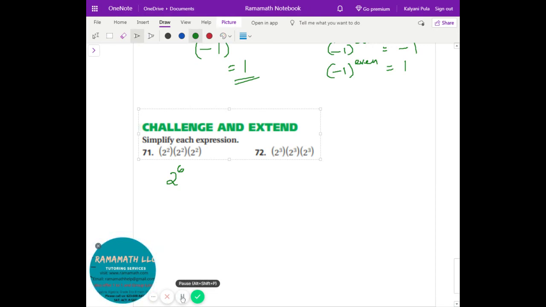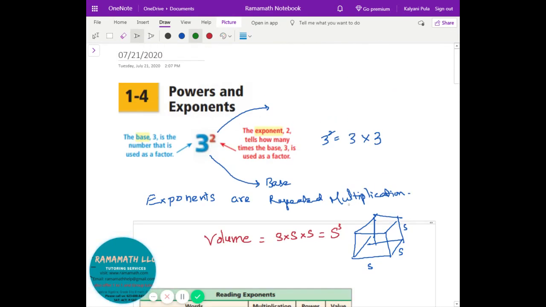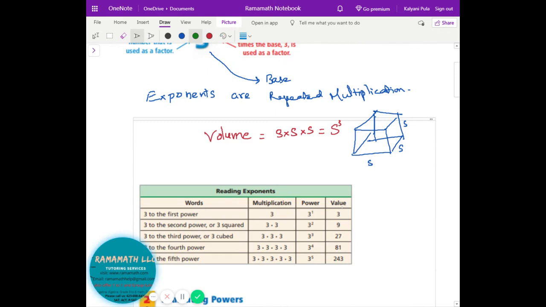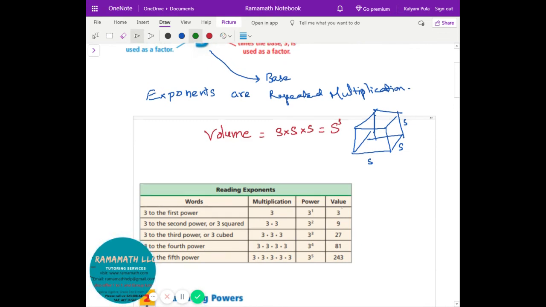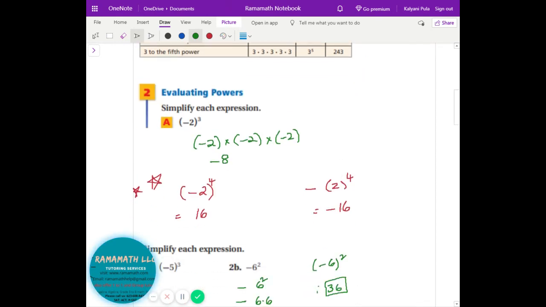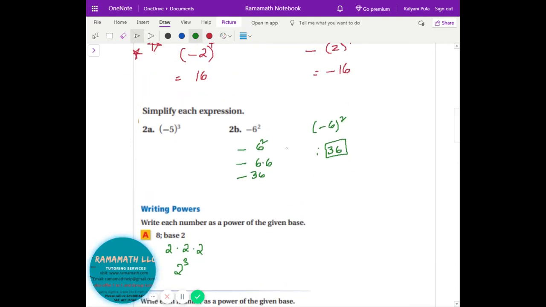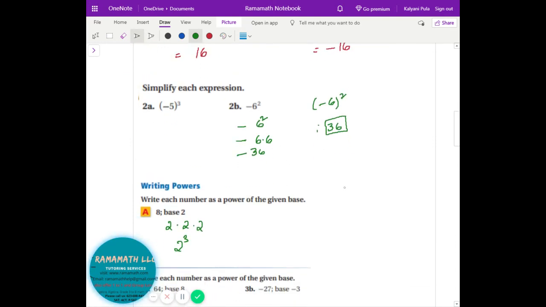Okay. So we started with the exponents, and we looked at the base and exponent, and then we also saw where we applied this, and we need to know how to read these exponents, like 3 to the 5th power. And we solved it. An important key is when you have a negative outside, it's going to be a negative.